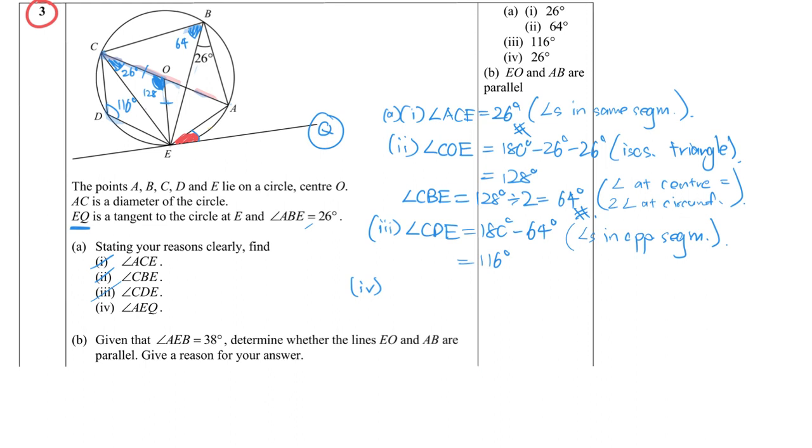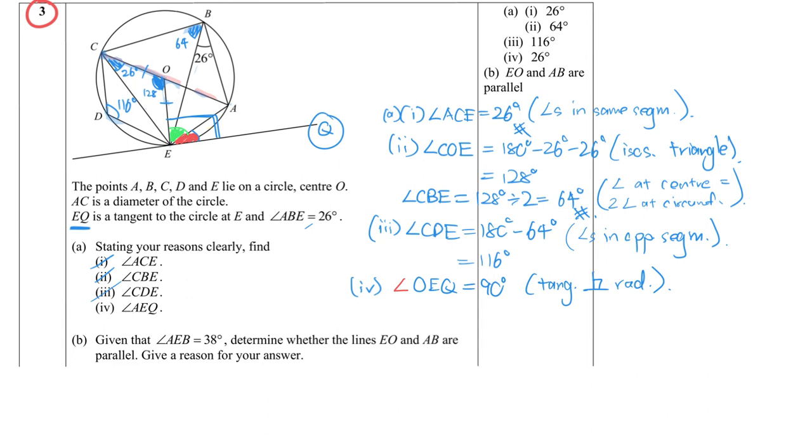So let's establish some facts because of the tangent. So therefore angle OEQ is 90 because tangent is perpendicular to the radius. First thing, this whole thing is 90. Big fat one.